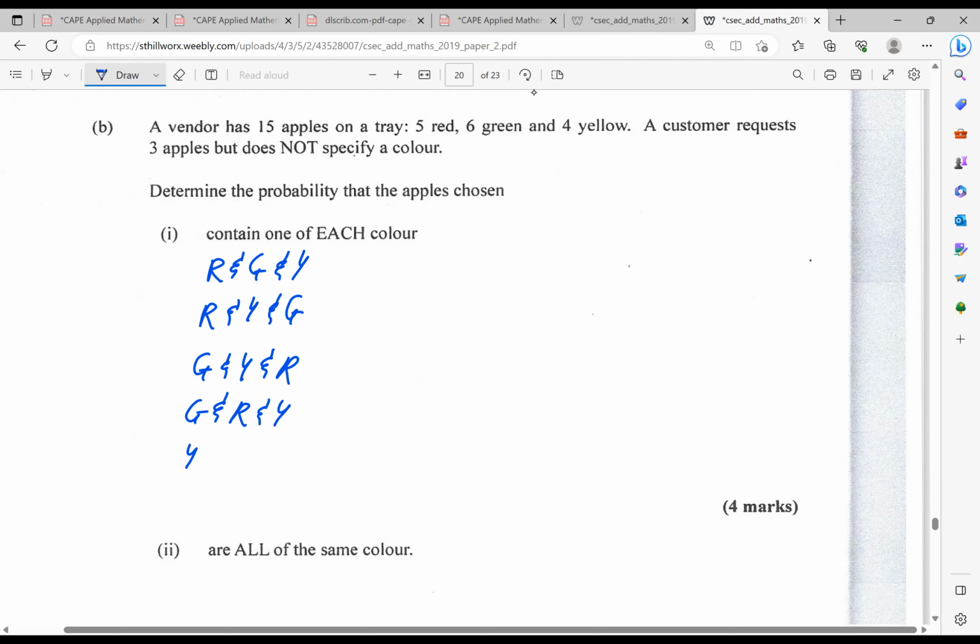You could have yellow and red and green. Could have yellow and green and red, which becomes 5 out of 15 by 6 out of 14 by 4 out of 13, which is that? 5 by 6 is 30, by 4 is 120, 15 by 14 is 210, by 13 is 2730.